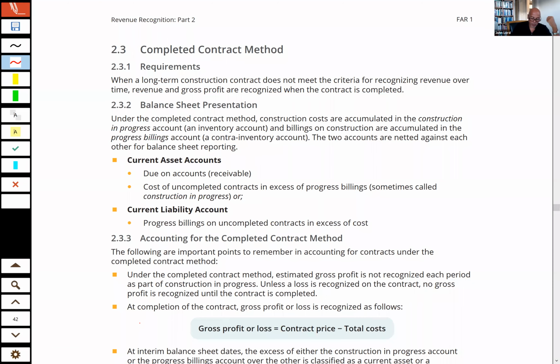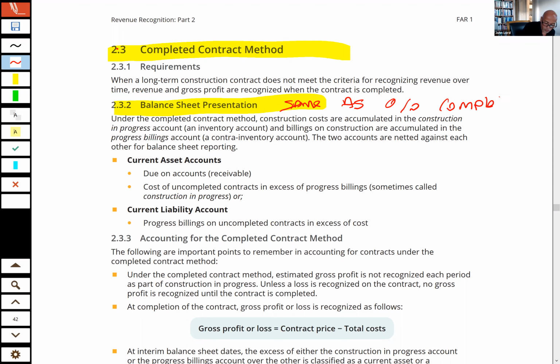Okay, all right, good. Now let's look at the completed contract method. And guys, I'm going to skip by this balance sheet stuff because it's exactly the same as percentage of completion. So there's no need for us to repeat that.